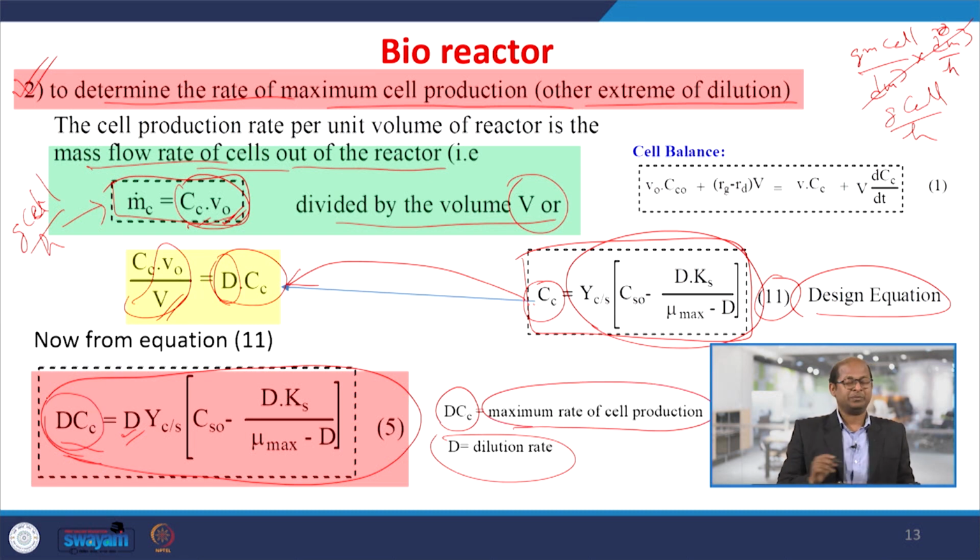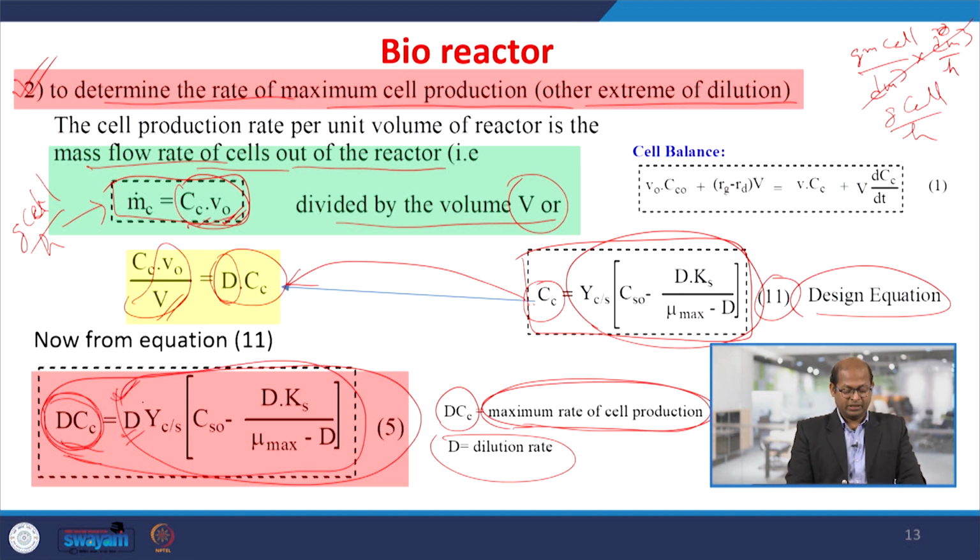Here d is the dilution rate and dCc is the maximum rate of cell production. So, the left hand side dCc is the maximum rate of cell production, in a single component, and the right hand side has these components.